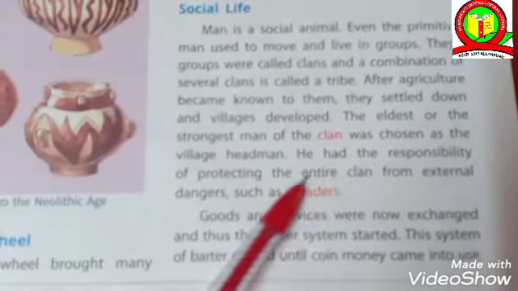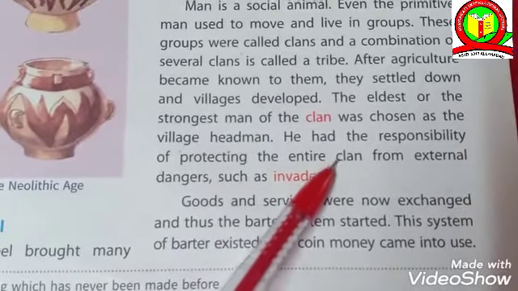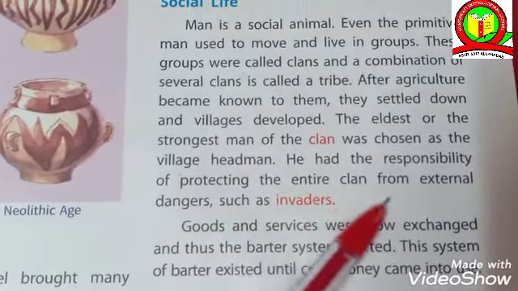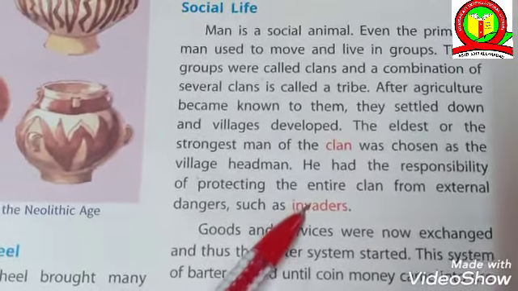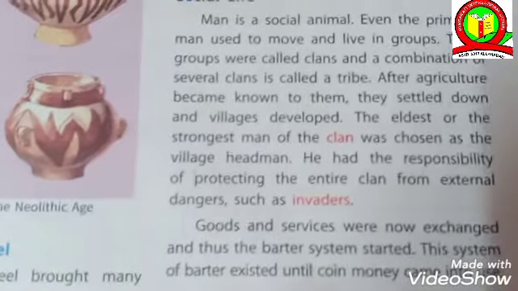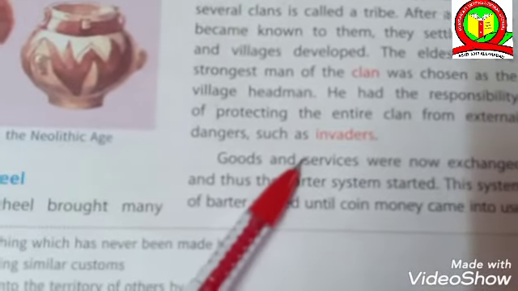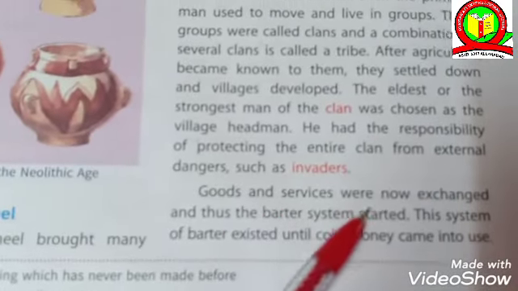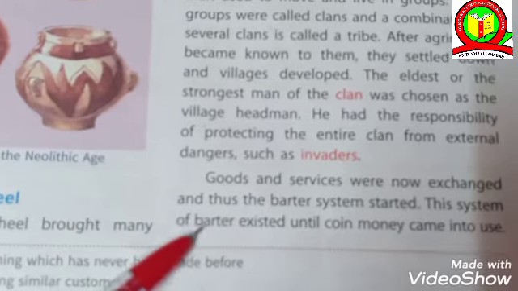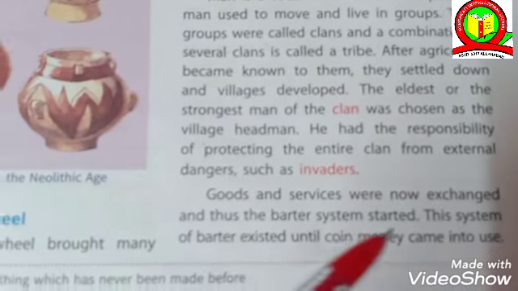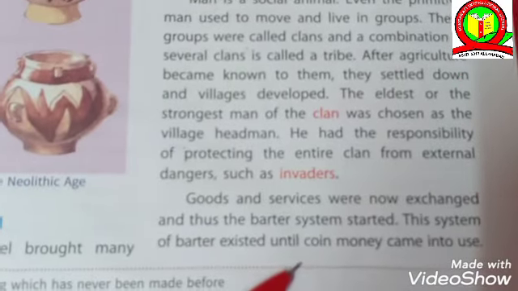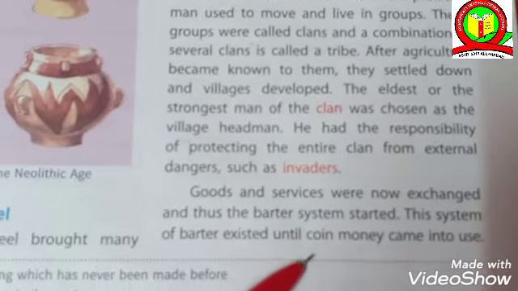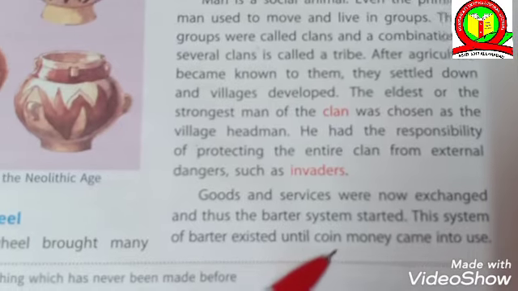He had the responsibility of protecting the entire clan from external dangers such as invaders. So students, goods and services were now exchanged, and thus the barter system started. This system of barter existed until coin money came into use.